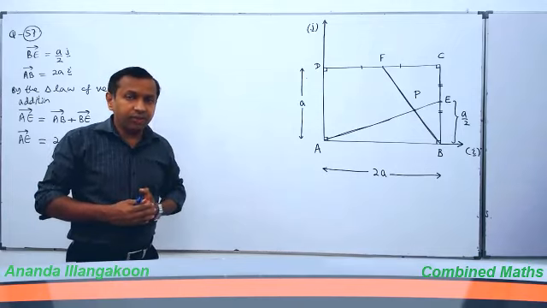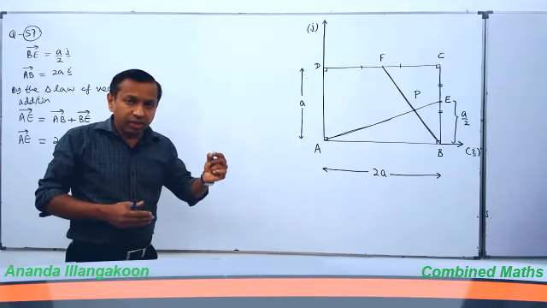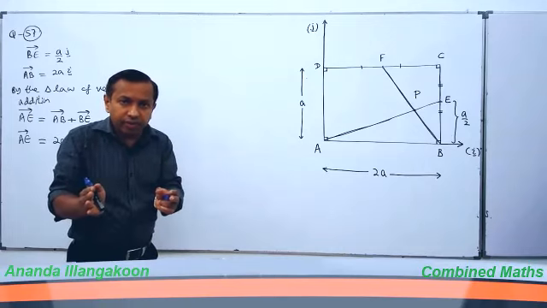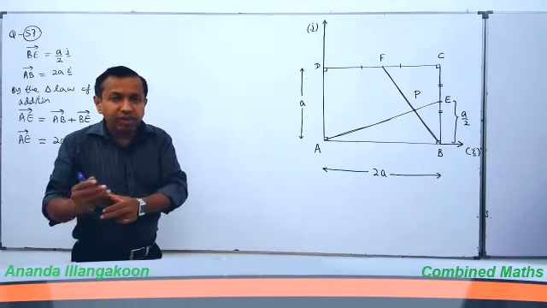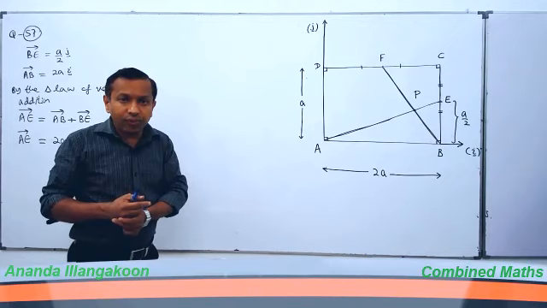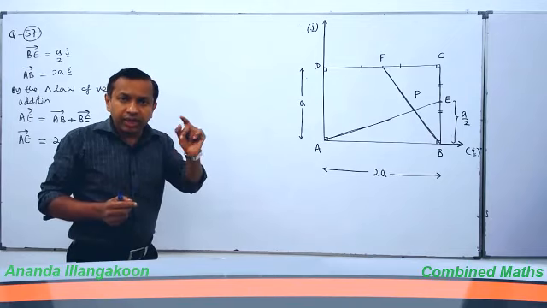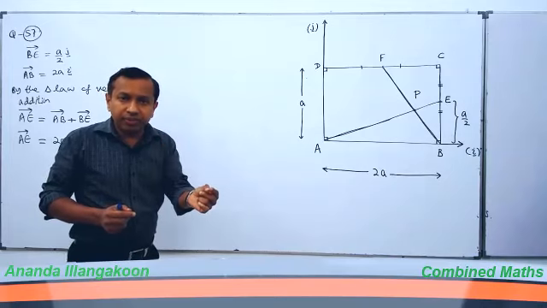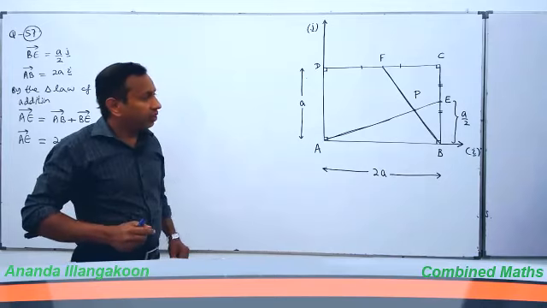We can multiply AE vector by a real number whose value is less than 1. Then we get the shorter vector AP. Understood, people?